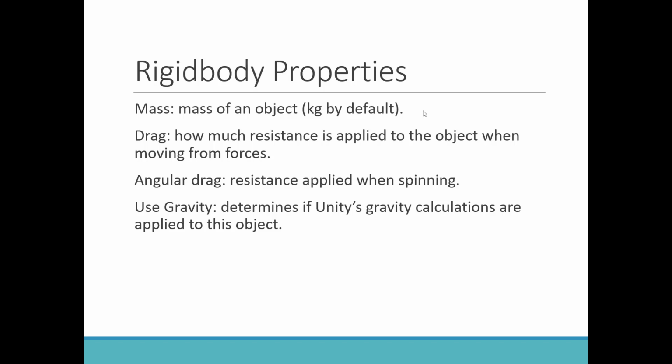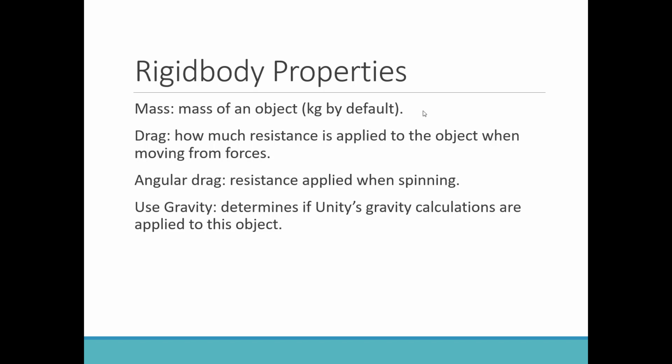The drag, whether it's the drag or angular drag, is the resistance. So let's say you're using the rigid body and you're using physics forces to push it, and you have something that's pretty light, it's going to move pretty fast. And if you want it to slow down when there's no longer input, then the drag is where you're going to be able to do that. It's going to apply some resistance against the forces that are already applied to the object.